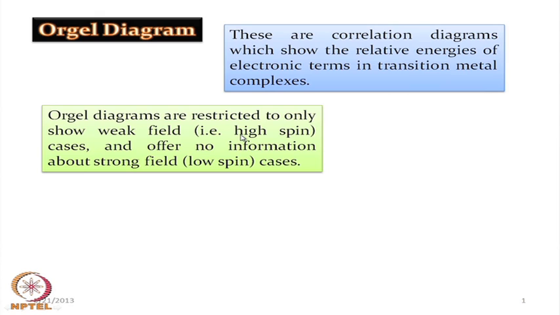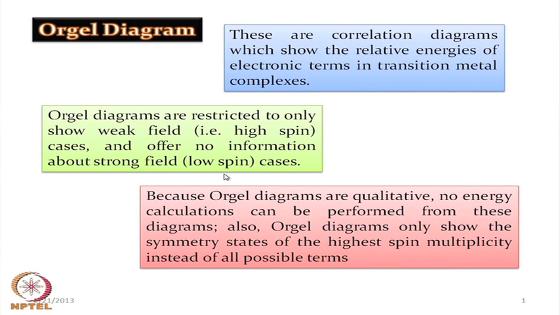That means we do not have the strong field cases where we do not know what should be the energy of the corresponding term when we go for a very strong crystal field. Because these Orgel diagrams are qualitative, that is why we call it a very primitive one, no energy calculations can be performed from these diagrams.